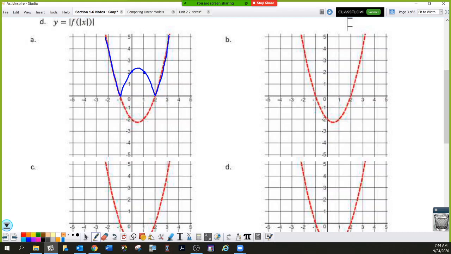In part B, we're supposed to be doing f of the absolute value of x. Okay, well, that means we're taking the absolute value of our x's. So where our x's were already positive, those absolute value bars do absolutely nothing because, well, x is already positive. So the side of our graph where x is positive, absolutely nothing is going to change.